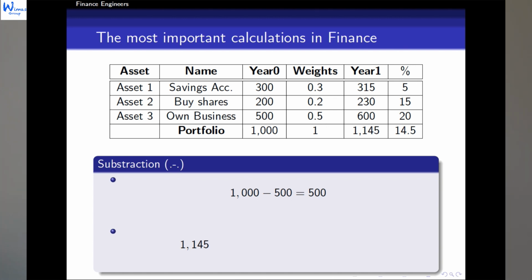In that case, we will have the 1,145, which we were supposed to have, minus the 230, which is equal to 915. Or we will remain only with the money and the profit we made from the savings account, which is 315, plus the 600 from the business, which is also equal to 915.